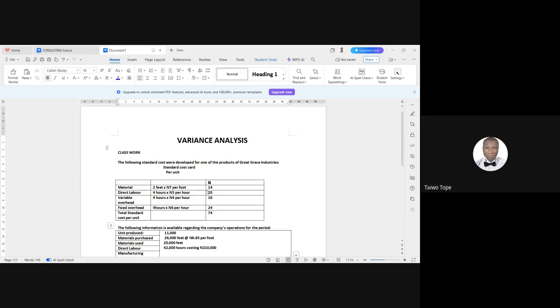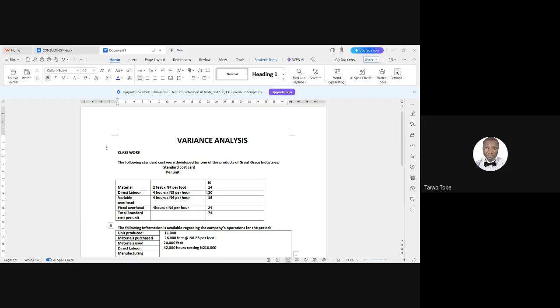But as we solve this classwork, we're going to see the instance of fixed overhead variance, how they play out in terms of the budget variance and in terms of the volume variance.